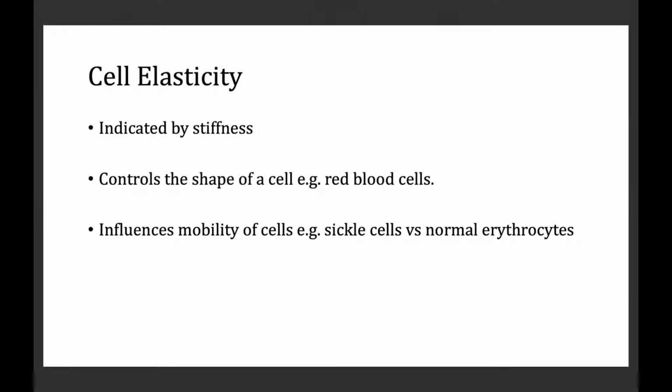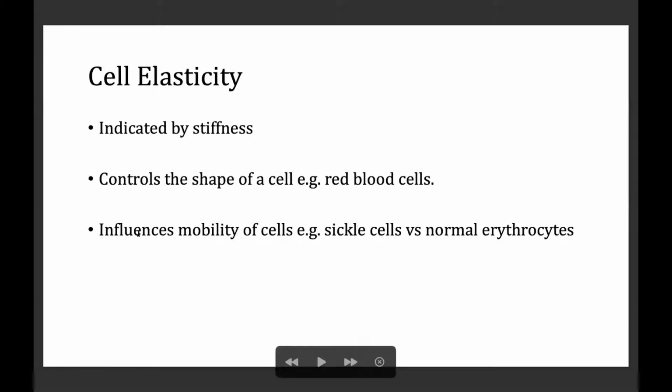So cell elasticity, which I believe is also basic to physics, can be studied by looking at the stiffness of the cells, and this can be seen especially when we examine red blood cells.